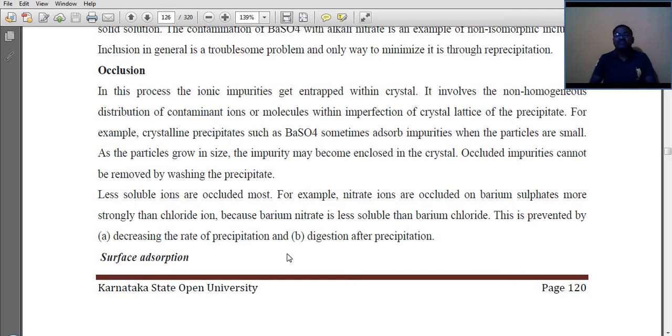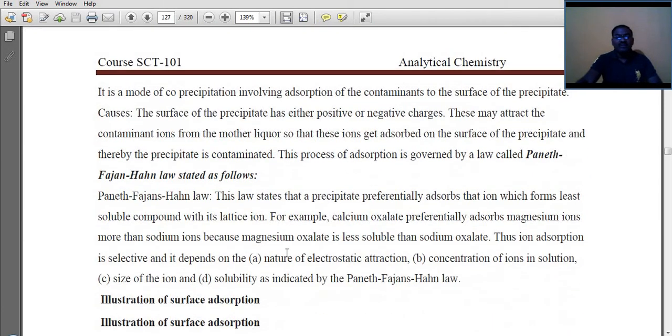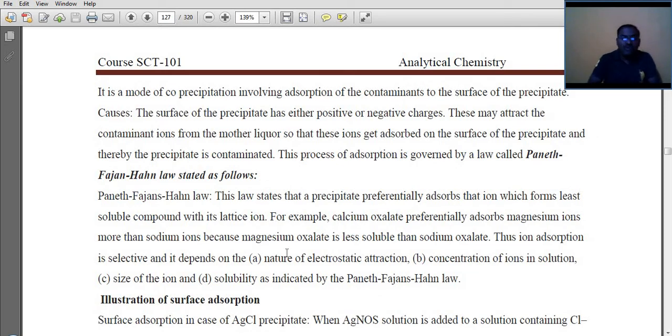It involves the non-homogeneous distribution of contaminant ions or molecules within the imperfections of the crystal lattice of the precipitate. Surface adsorption is a mode of co-precipitation involving adsorption of the contaminants to the surface of the precipitate.